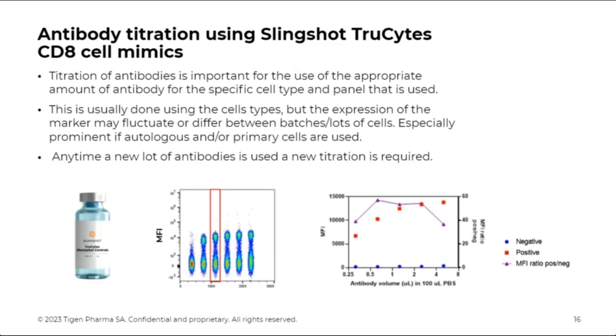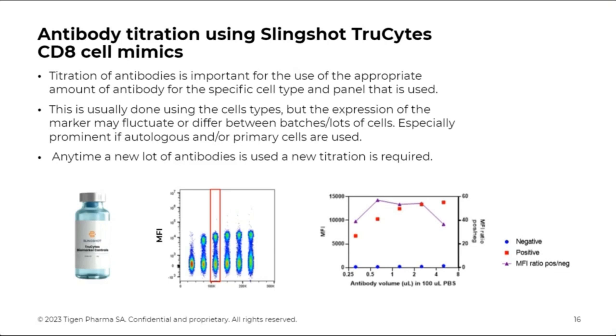The graph to the right is showing the compiled data that we got from this antibody titration. And what we are looking for is the volume where we have the best separation between positive and negative. This can be done in a few different ways. And here we are looking into the ratio between the positive and the negative signal of the mean fluorescent intensity.